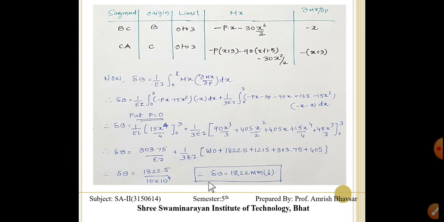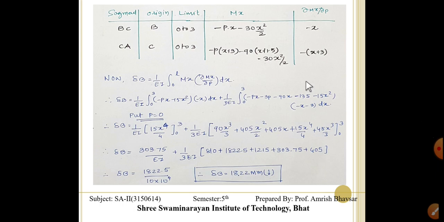After putting in all and summing these things, divided by 3EI and over EI here, we will get the deflection, that is delta B is equal to 18.22 mm downward. So, the first task is over here, that is the deflection at B.